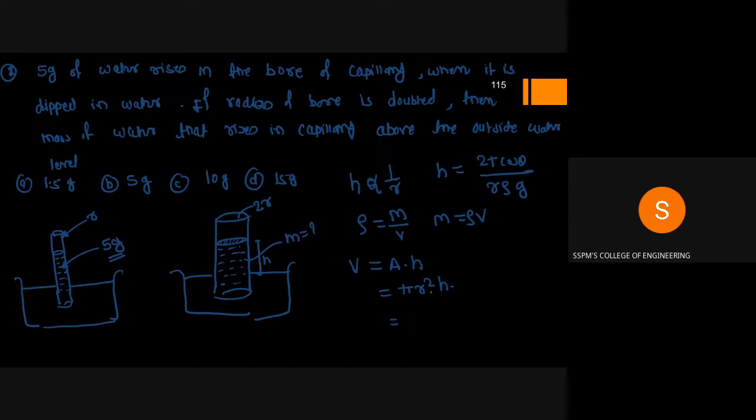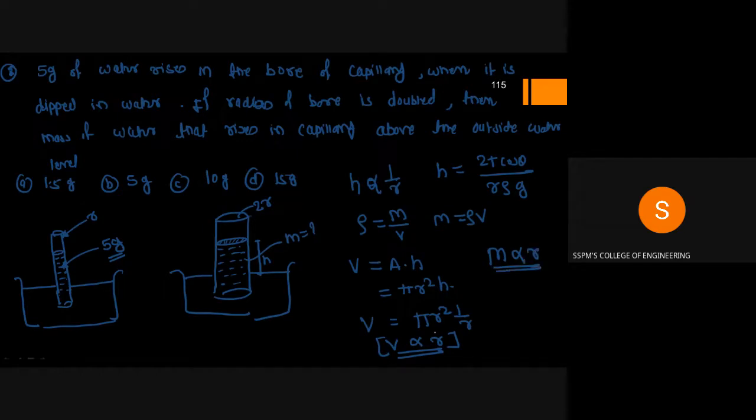So h is inversely proportional to r. Here the volume we can write as pi r square times 1 upon r. So volume is directly proportional to r.